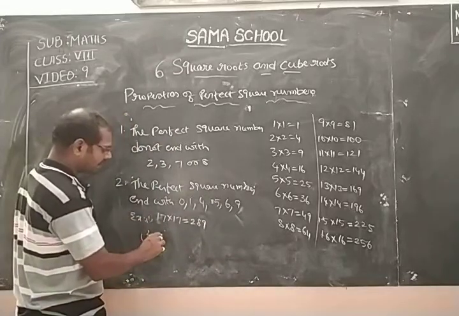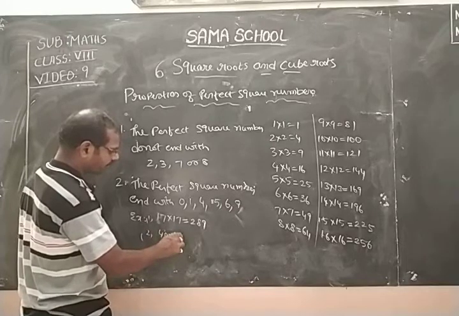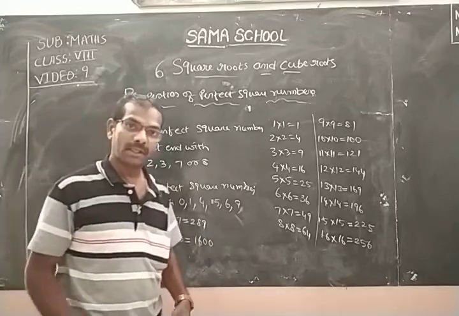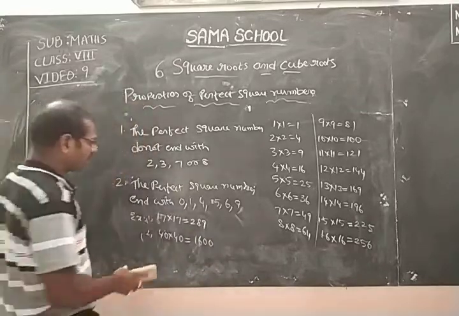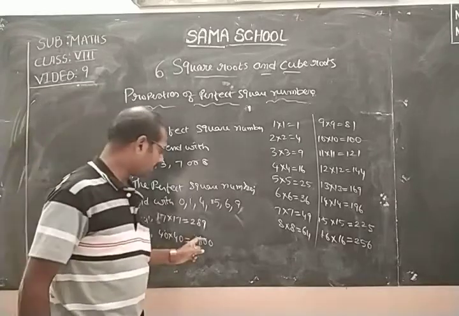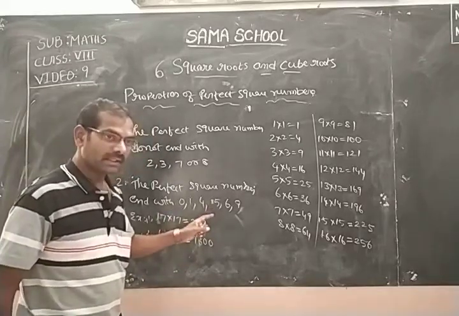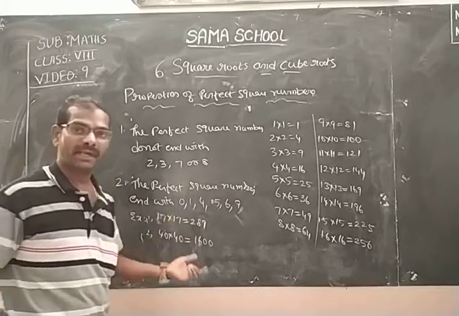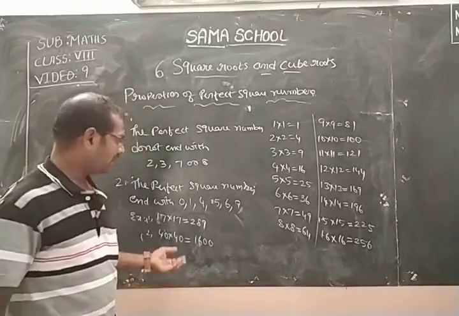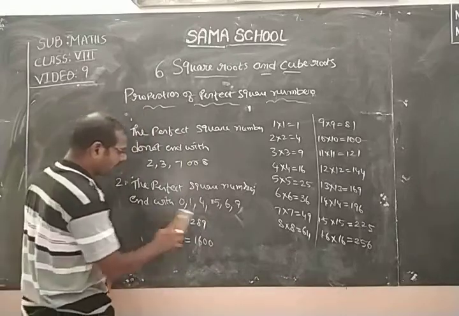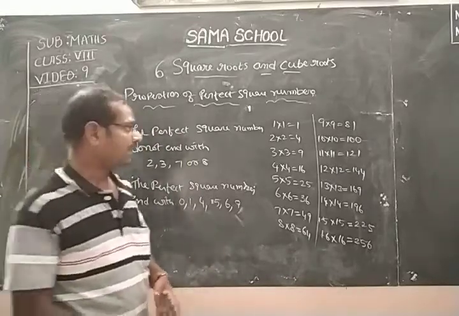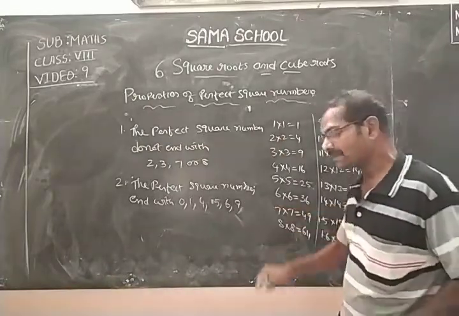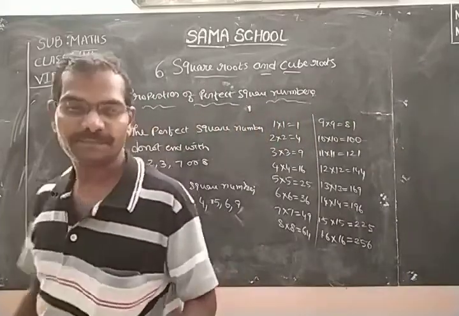Suppose I am writing 40 into 40, 1,600. It ends with 0. So when a number ends with these digits, it may or may not be a perfect square. Even though it ends with these digits, sometimes it will fail.